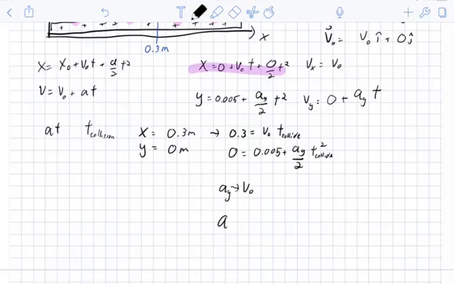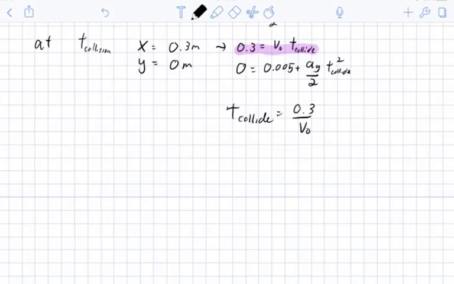ay is equal to minus 0.01 over, oops, hold on. I'm going to solve this one for t, and then I'm going to substitute in. So t collide is equal to 0.3 divided by v naught. And now I'm going to plug that into the second equation.